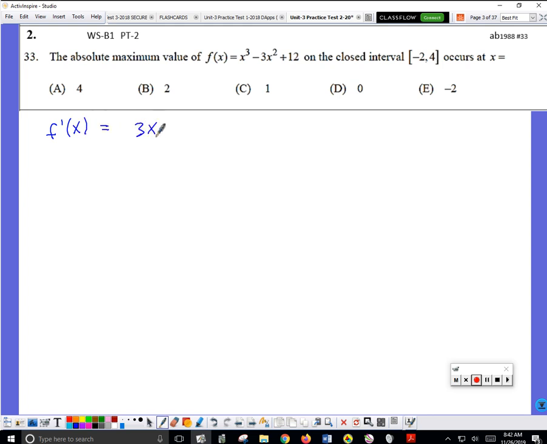Three x multiplied by x subtract 2. So if I make a sign chart, start at x equal -2 through x equal 4, I'm making a sign chart of f prime. My two factors of f prime are these.